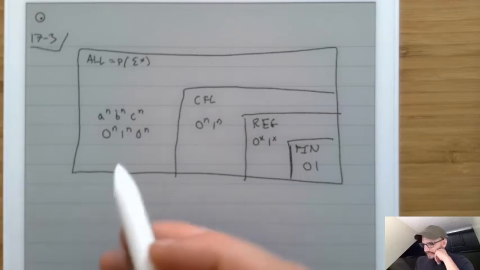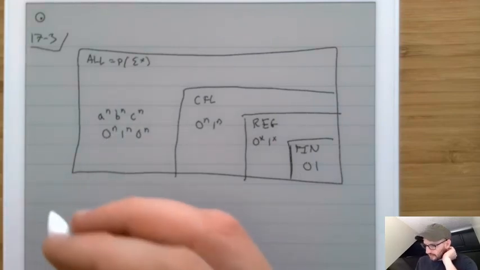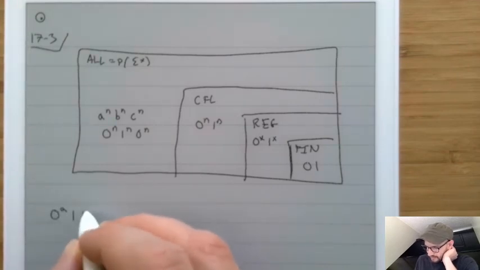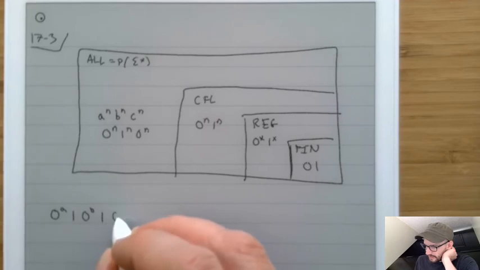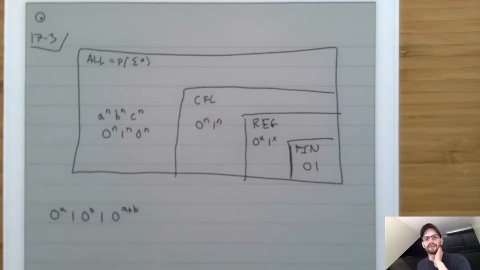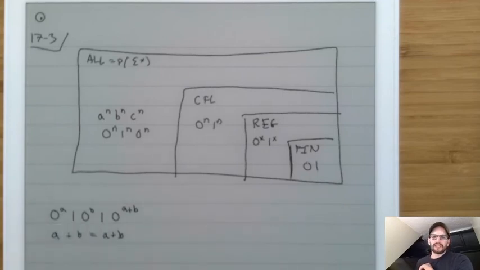Now notice that 0^n 1^n 0^n is very similar to another language that we like, which is 0^a 1 0^b 1 0^(a+b). So this language right here is the one that demonstrates that we can do unary addition. We can recognize true equations of the form a plus b equals a plus b. And this is not context-free either.